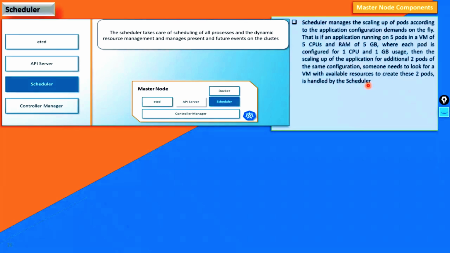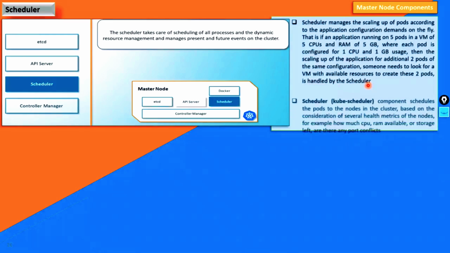So the scheduler can understand that this single node will not be able to cater to that request. So we need to create another node or auto scale another node with at least 2 CPUs and 2 GB of RAM. Are you getting me? So that will be done by the scheduler.